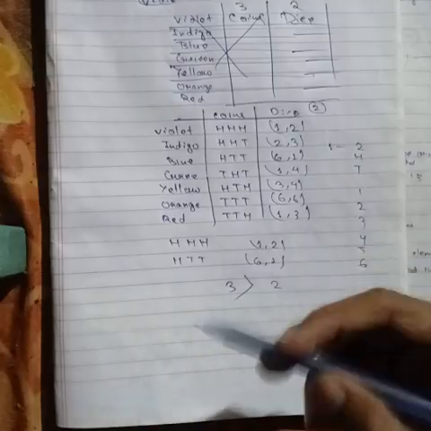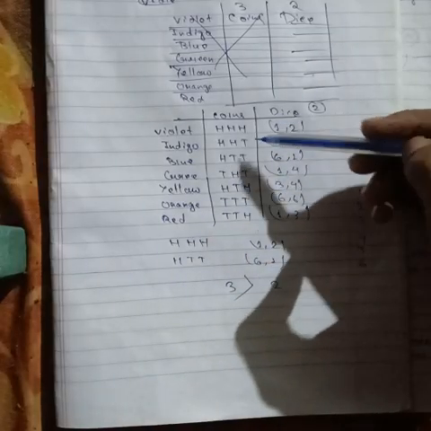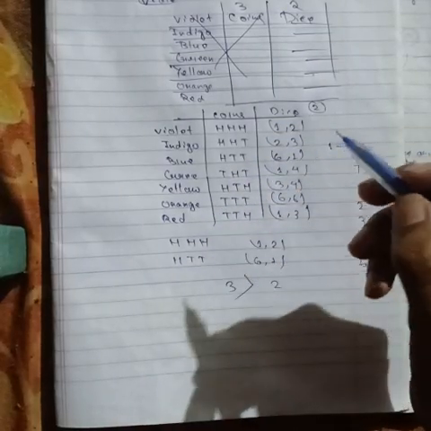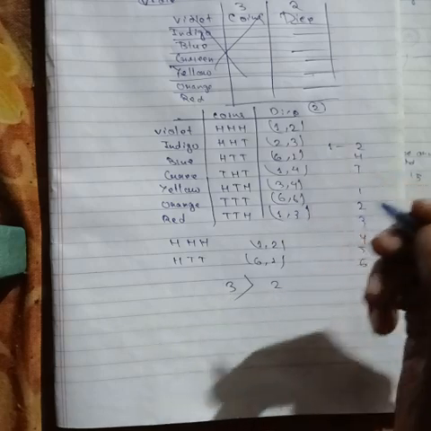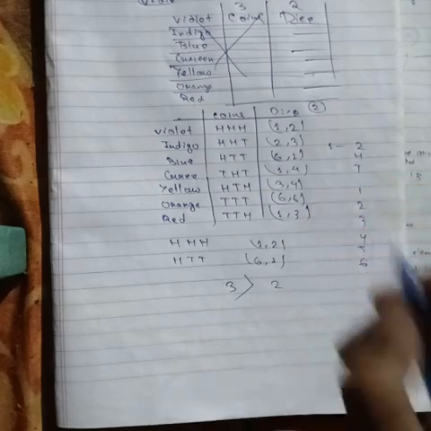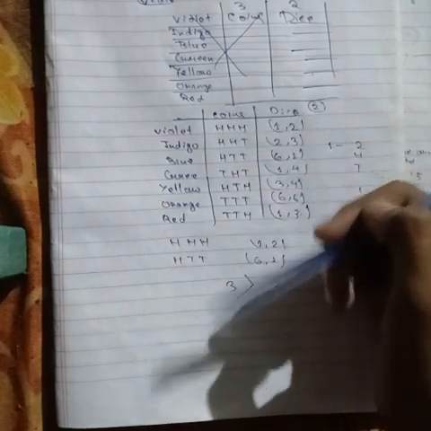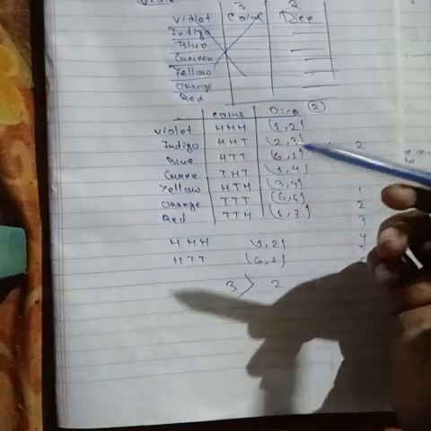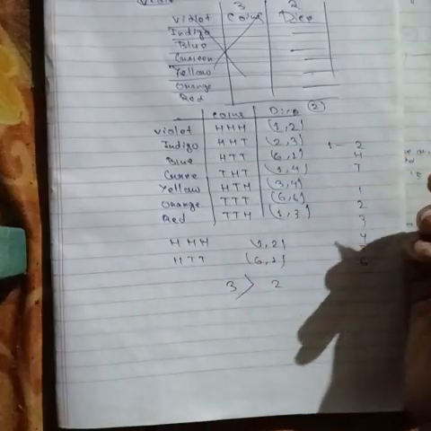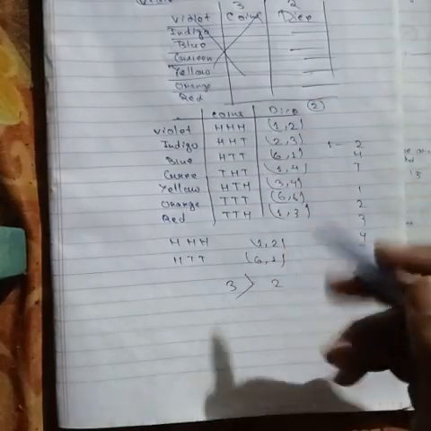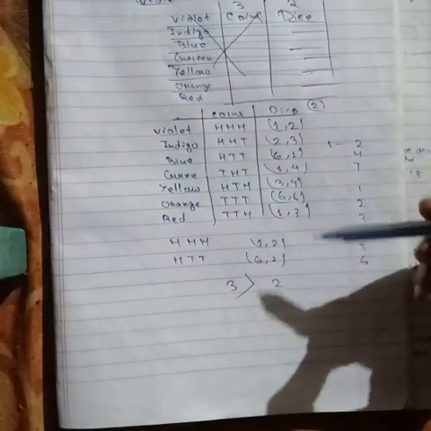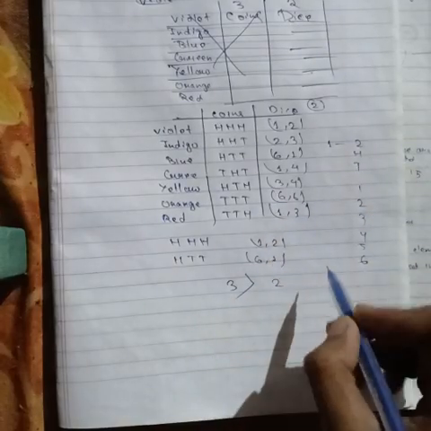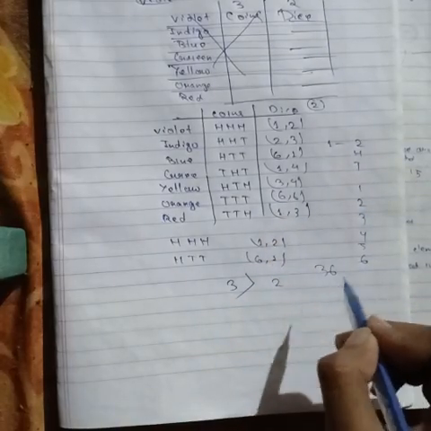Now let's look at this. For 3 coins the total number of probable outcomes is 8, which means you can represent one more color with these 3 coins. And see the case for dice. You have a total of 36 probable outcomes.